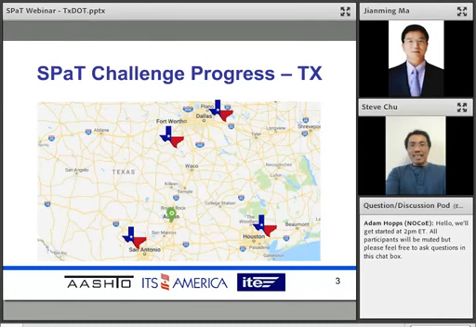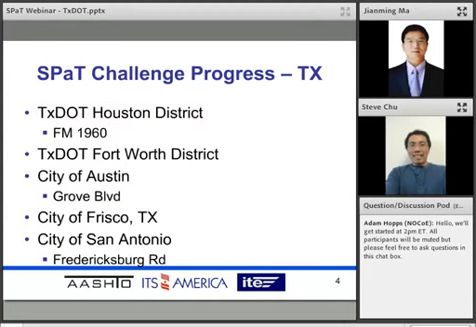I'm just going to give you a close look at the map here. Basically, besides the Austin deployment, we also have a few other ongoing deployments like San Antonio, Houston, Fort Worth, and Frisco.